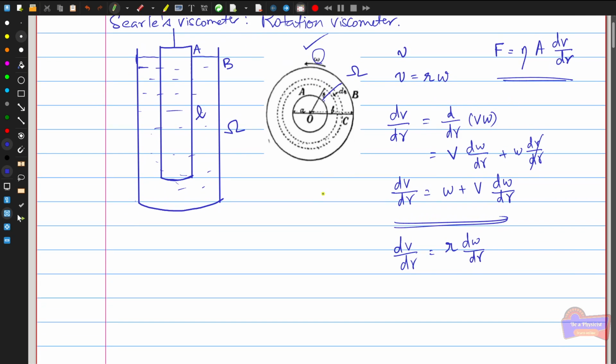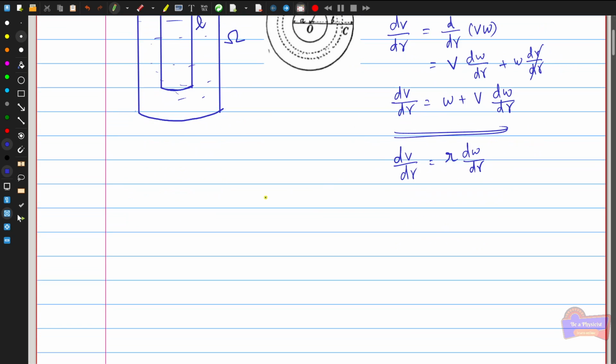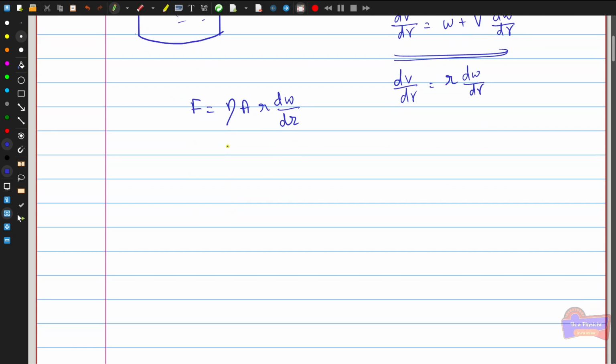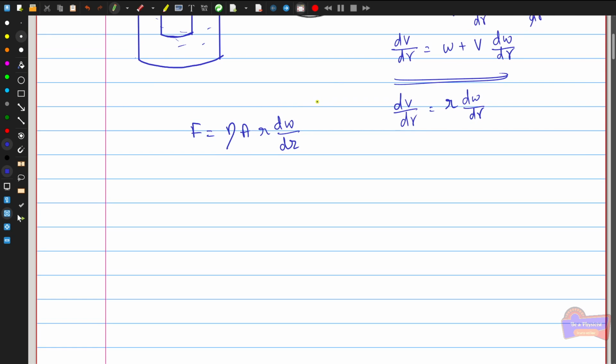F is equal to eta A r times d omega divided by dr. Here eta is the coefficient of viscosity and A is the area. If you find the area of this cylindrical layer, I can write it as eta times 2 pi r times L into r d omega divided by dr.